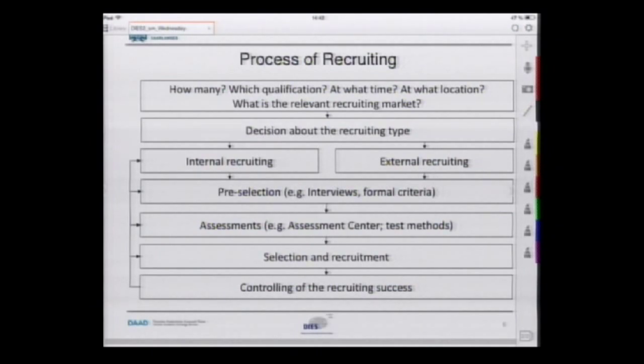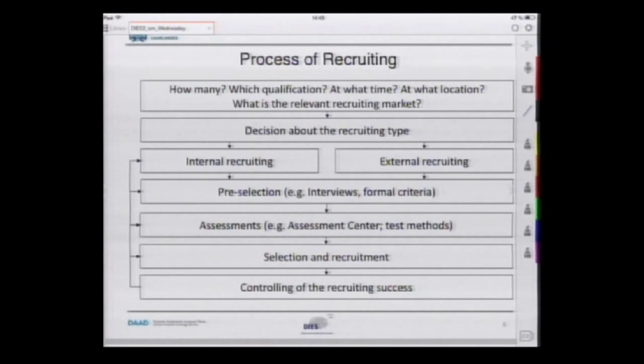So there is a methodology to do that. Yes, right. You see it in the last button, controlling of the recruiting success. So after 1 year, you know if the people you have hired fit and do the work well.